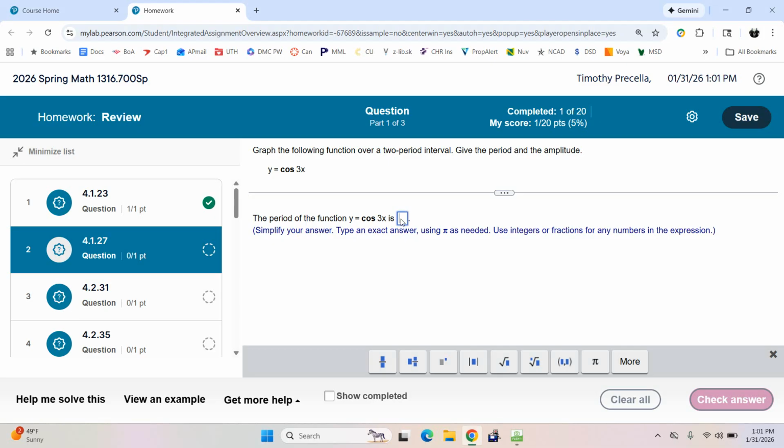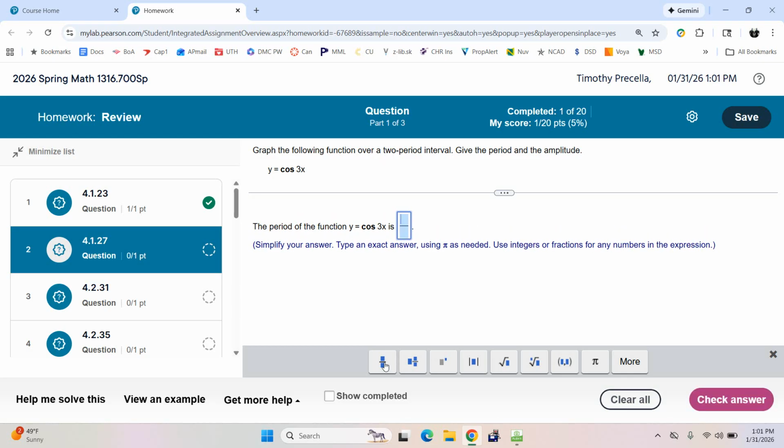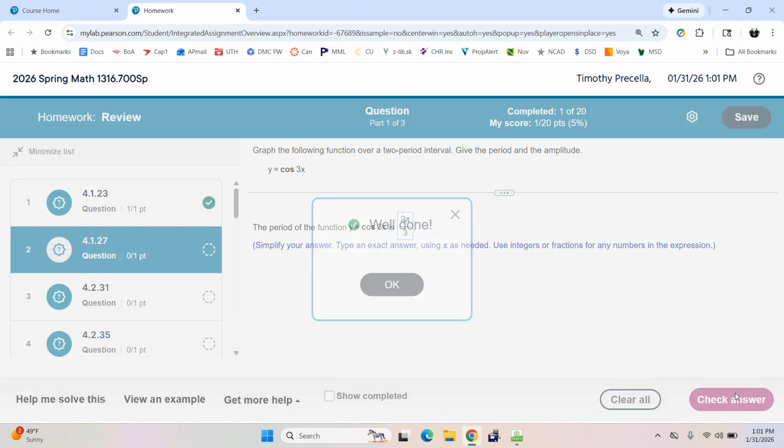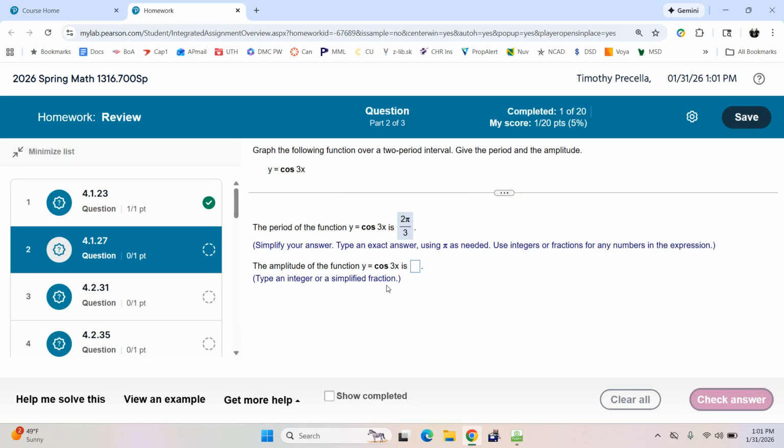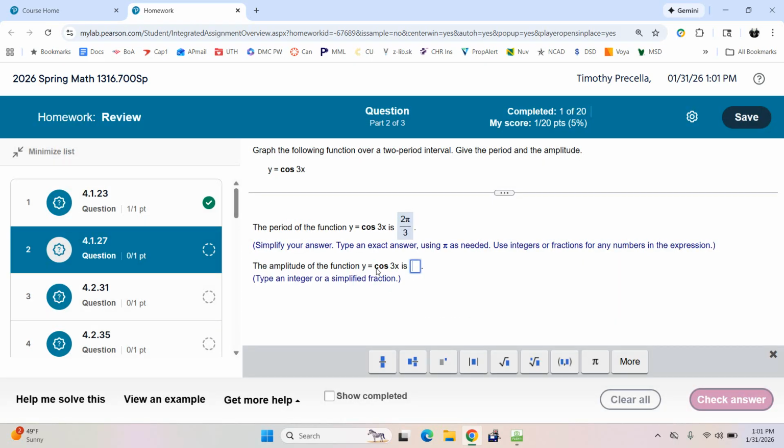Okay, so what did we say the period is? 2 pi over 3. And that amplitude is a 1. Now, if there were like a 5 or a 6 in front of that cosine, multiplied by some number other than 1, then that would be the amplitude.